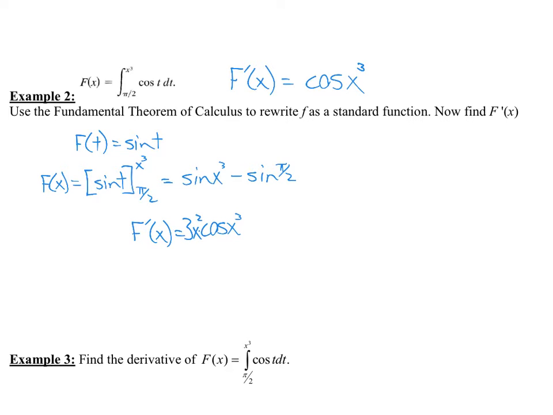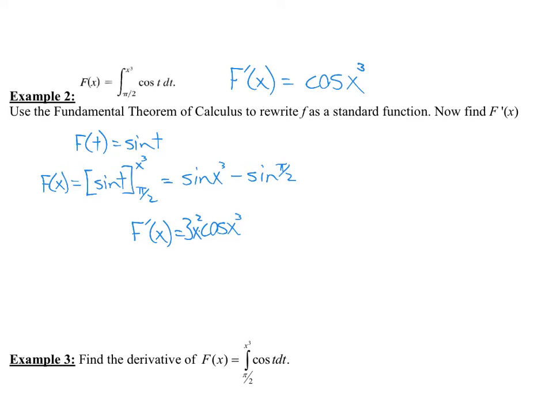All right? So look, F prime is not just cosine x, and it's not just even cosine of x cubed. When you have it going from a constant to something other than just an x, you do plug in whatever that is in for the t, but then you also have to consider the chain rule.